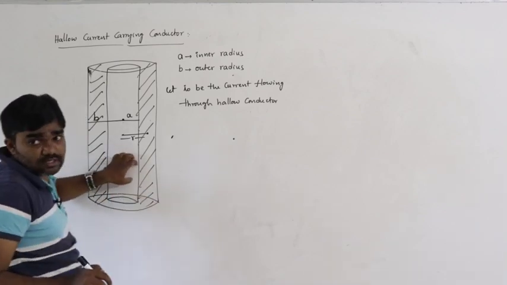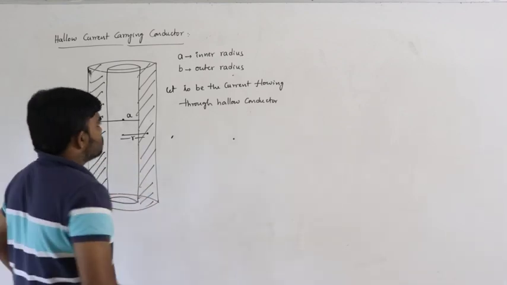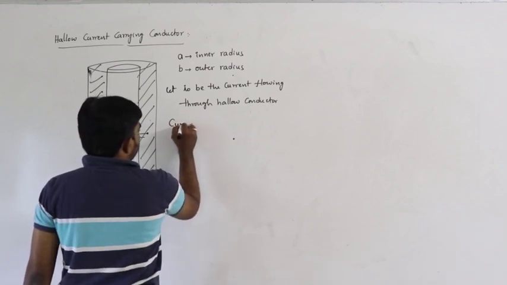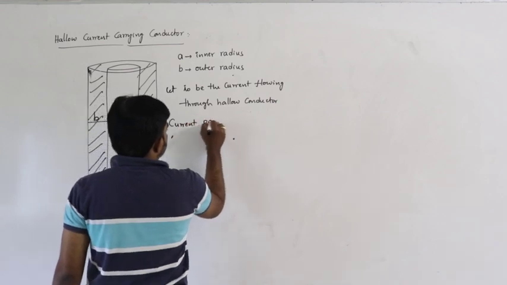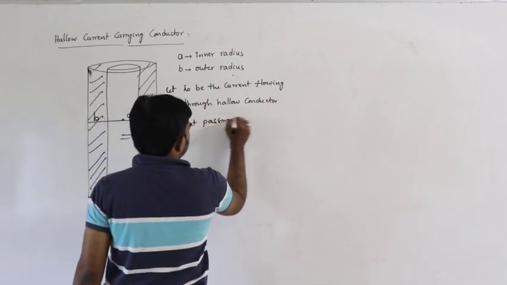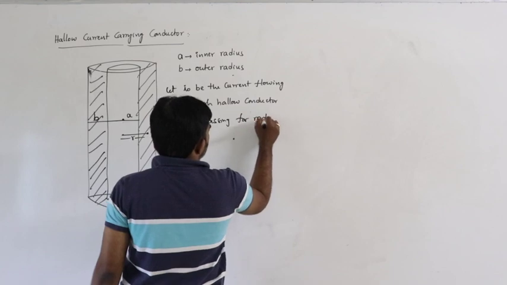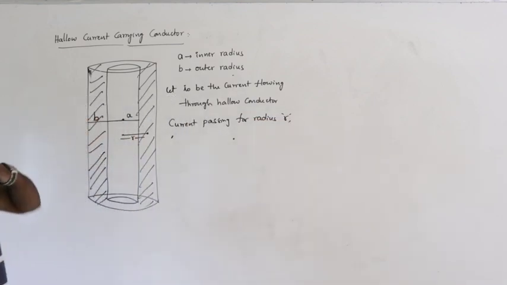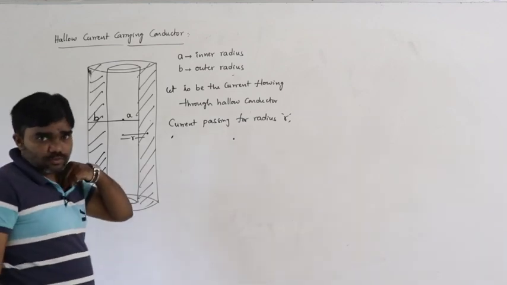Inside there is no current, so that's why, let the current passing for radius r, what is the current passing, that's what we have to calculate.